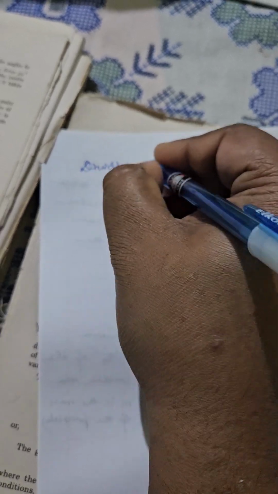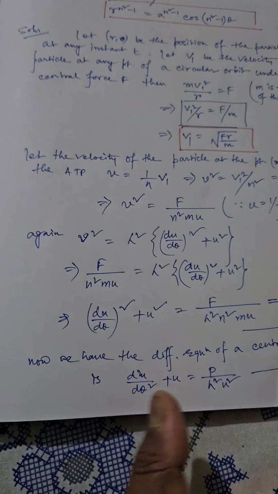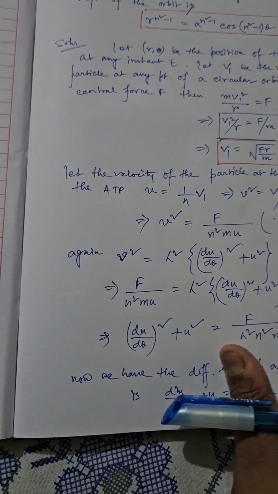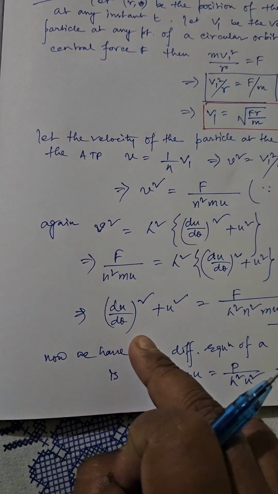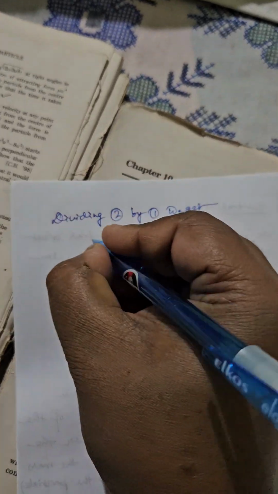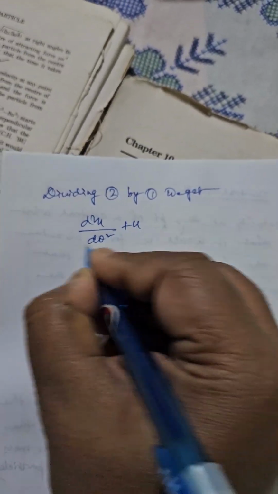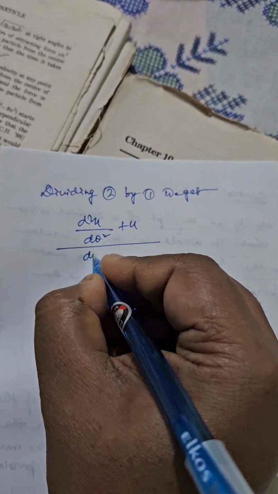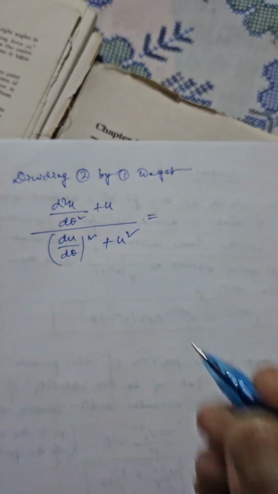Dividing 2 by 1, we get this divided by this: d²u/dθ² plus u, divided by (du/dθ) whole square plus u square.